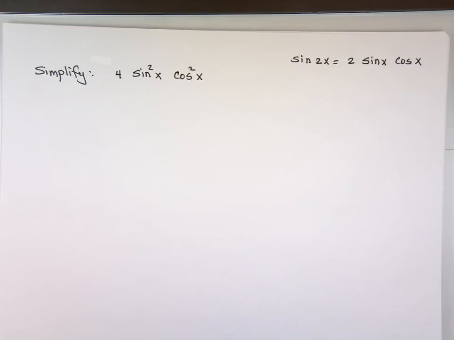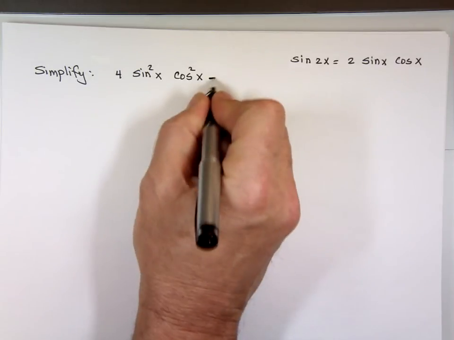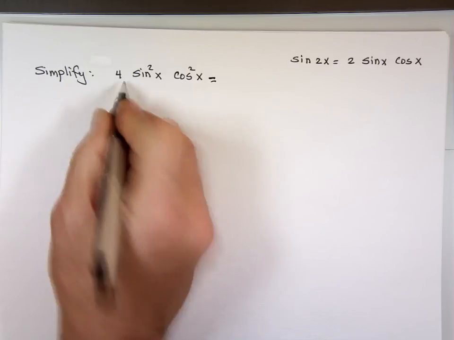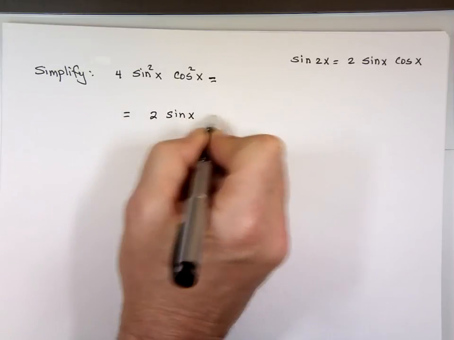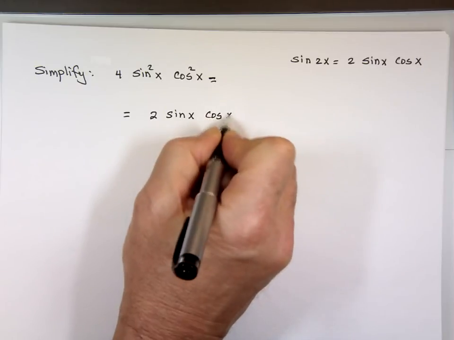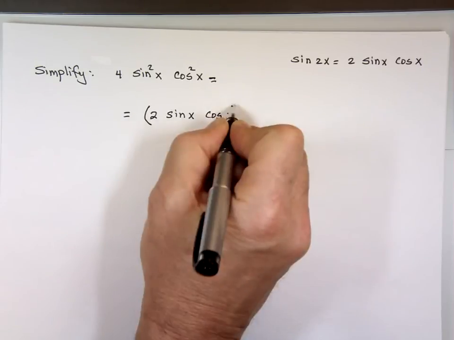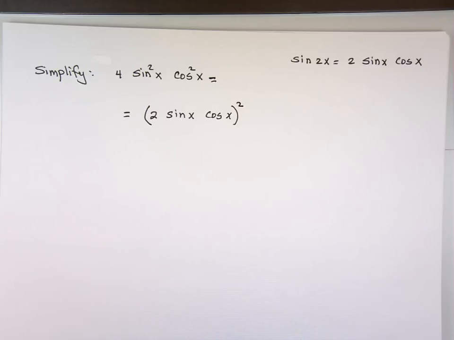Can I use that here? I can write this problem as 2 times sine of x cosine of x, the whole thing squared. What's 2 squared? 4.